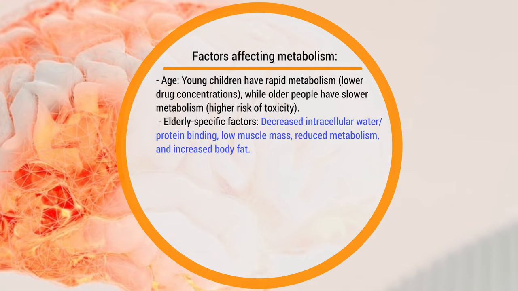So younger folks have a rapid metabolism, less of the drug is in the body, while the older folks keep most of the drug in the body due to low metabolism rates. So, specific to elderly, right? Specific factors: a decrease of intracellular water, a decrease in protein binding, a decrease in muscle mass, and reduced metabolism, right? So these are characteristics of the elderly population.